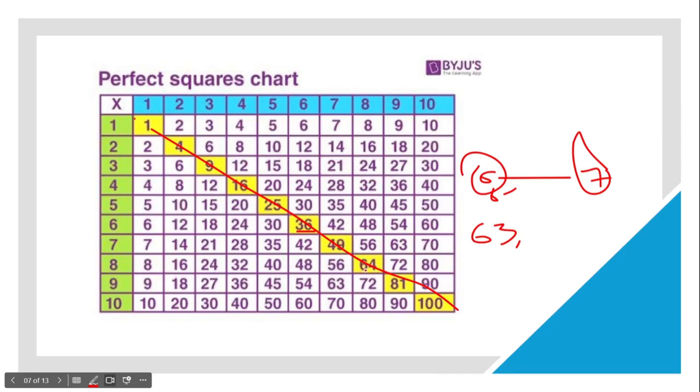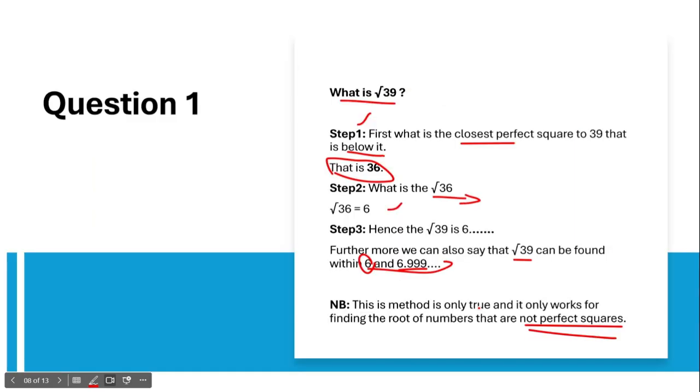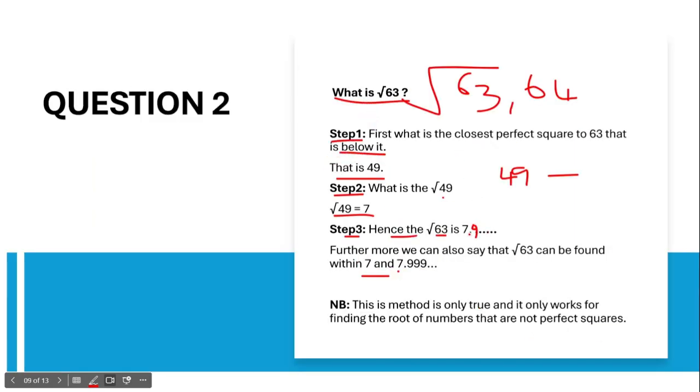And the last number before the next perfect square, meaning 63, definitely has to be 0.1 behind the square root of the next perfect square, meaning that 63 should be 7.9. So that's how we got this 7.9.